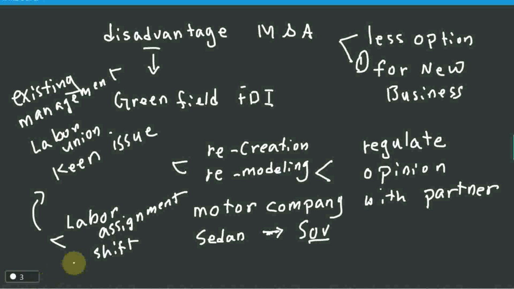Then this process takes time and sometimes fails. And then your strategy for next year can sometimes be frustrated. Then your business will sometimes perish. This is one aspect of the disadvantage of M&A FDI.